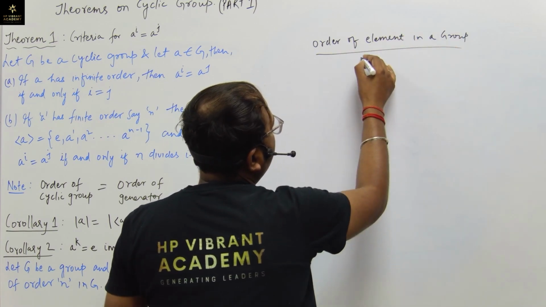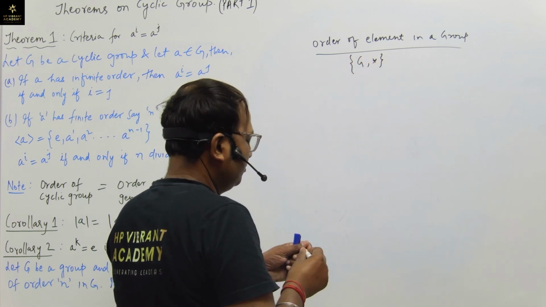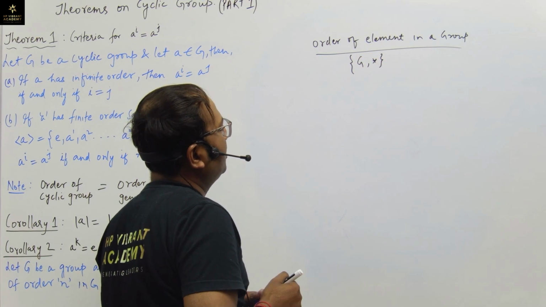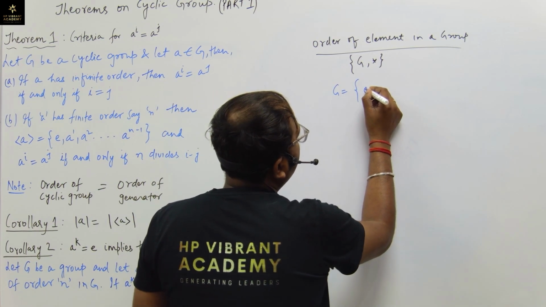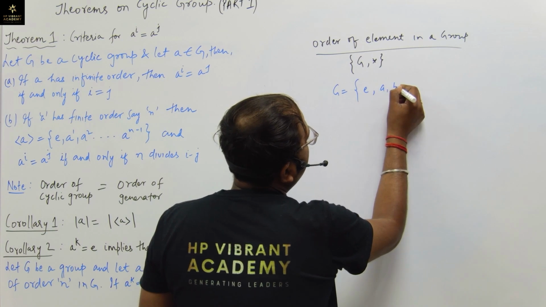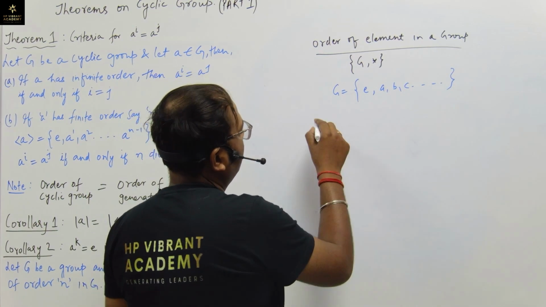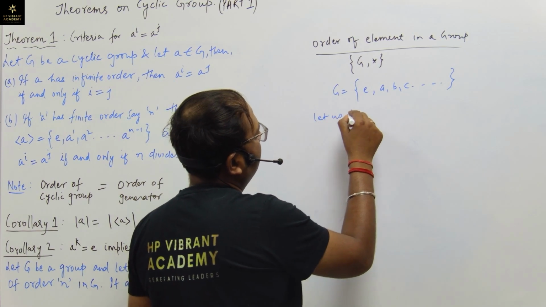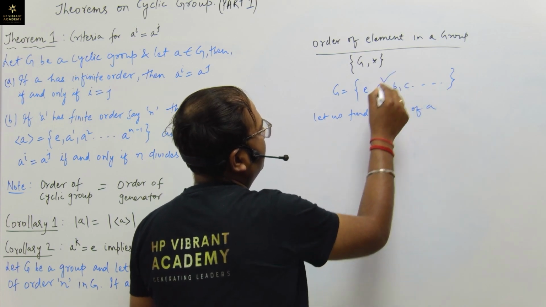Let G be a group under operation star. Since G is a group, there must be an identity element. Let us take the elements as a, b, c like this. Let us find the order of a. Let us take element a.